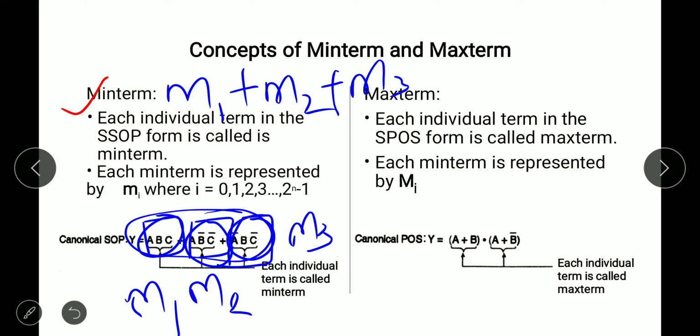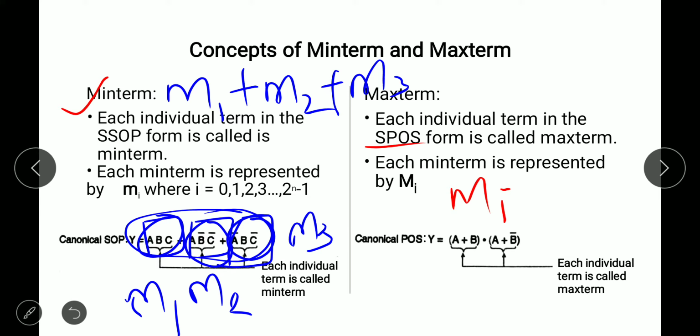Then what is meant by the max term? Each individual term in the SPOS form, that is the standard product of sum form, is called a max term. Each term in the standard POS form is called a max term, and it is represented by capital M i, where i is the number 0, 1, 2, 3 up to 2 to the power n minus 1.